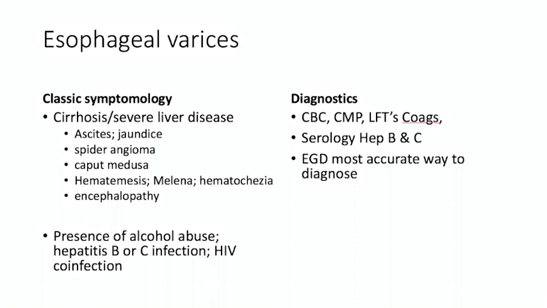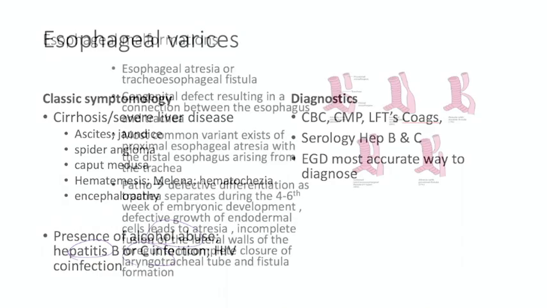So obviously if your patients do have severe advanced liver disease or cirrhosis, then there would be a high propensity for them to have esophageal varices. So then also looking for any other etiologies that may put them at risk. So obviously CBC, CMP, LFTs, and coags because of bleeding risk, serology to rule out Hep B and C, and then your EGD is going to be the most accurate way to diagnose.